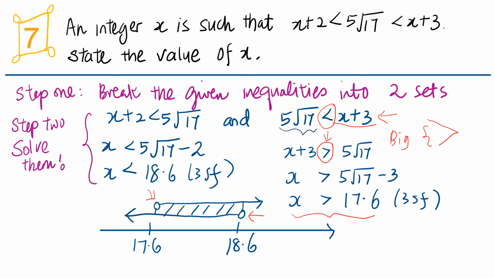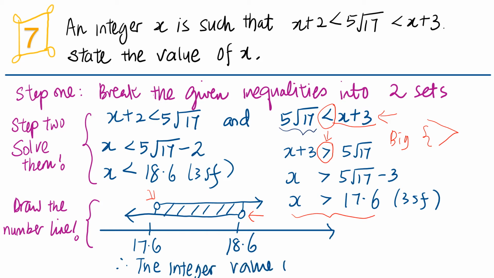The answers are from the shaded overlap region. From there we can tell that the only integer value in that overlap region is 18. Therefore the integer value of x is 18.